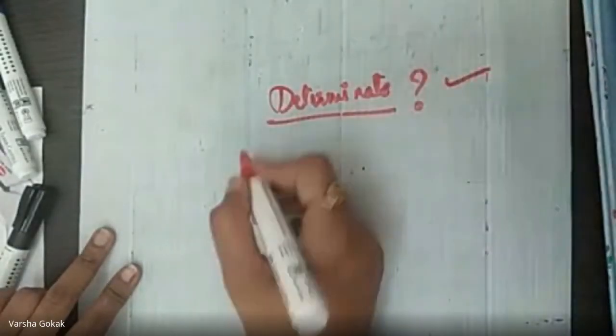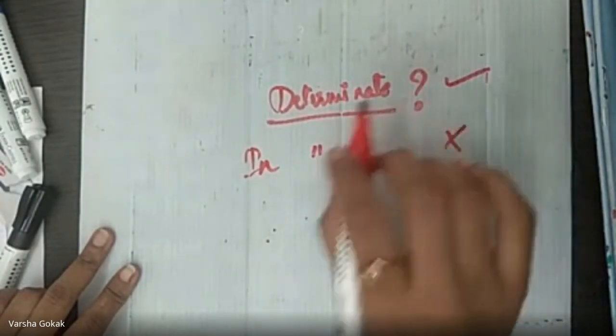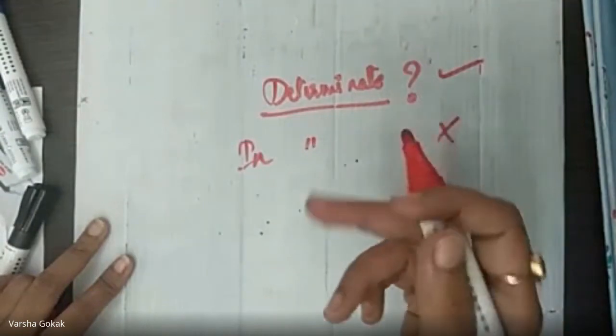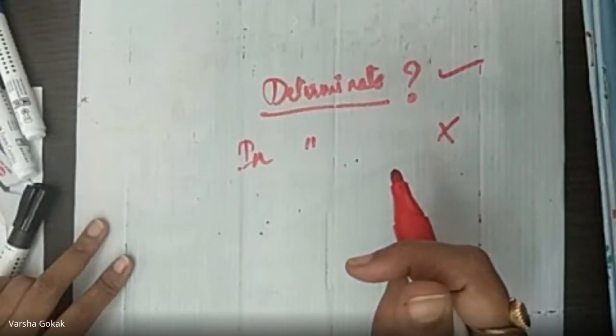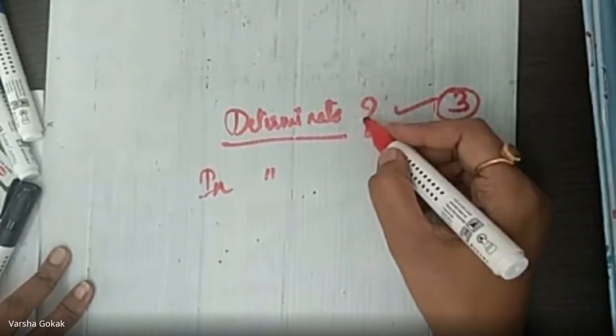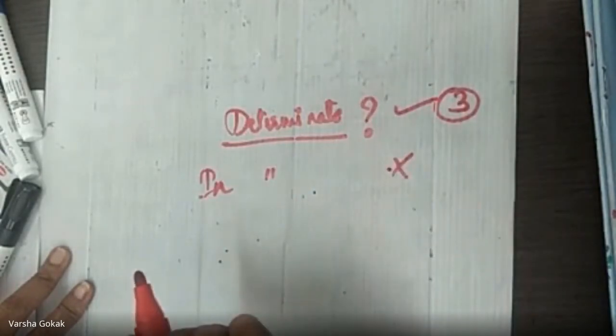Correct. Indeterminate, whose reactions cannot be found. Absolutely right. Can be found using which equations? Equations of equilibrium. How many equations of equilibrium are there? 3. Correct. So we use 3 equations of equilibrium, and if you are able to find the unknown reactions, it is called determinate. If you are not able to find the unknown reactions, it is called indeterminate.